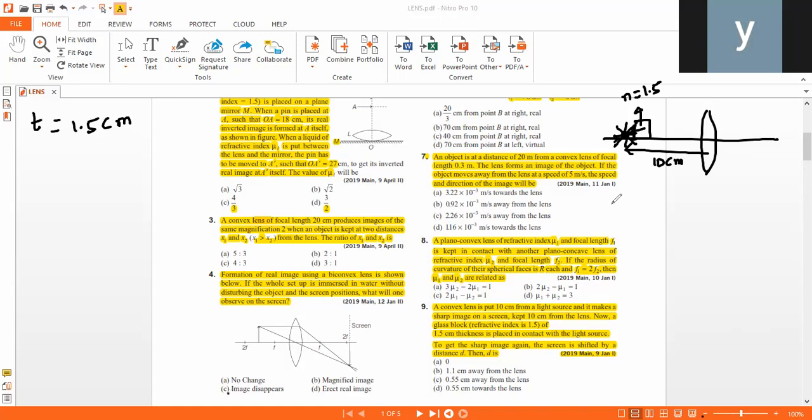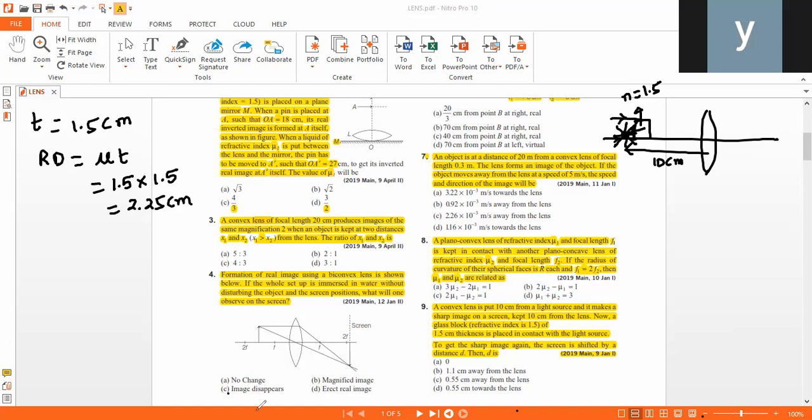That means the light ray is moving from rarer medium to denser medium. When light ray is moving from rarer medium to denser medium, we can say real depth is equal to mu times t. Refractive index is 1.5 and the thickness is also 1.5, so approximately it is 2.25.